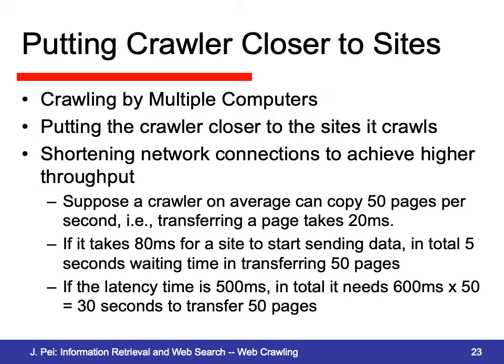Then if it takes the crawler 80 milliseconds for a site to start sending the data, then in total, 5 seconds waiting time in transferring those 50 pages. If the latency time is 500 milliseconds in the network, in total, the crawler needs 600 milliseconds times 50 pages, equal to 30 seconds to transfer those 50 pages. That's a long time.